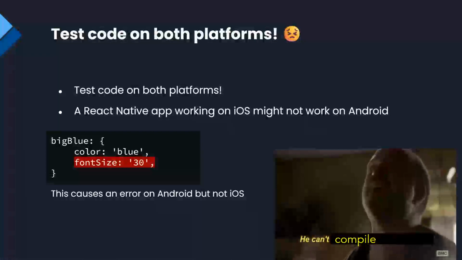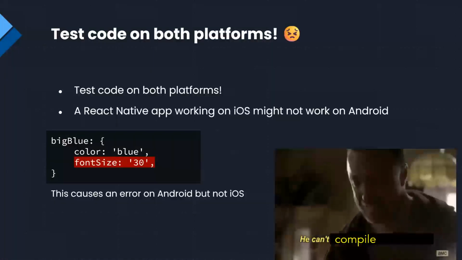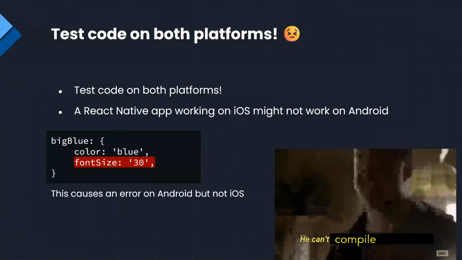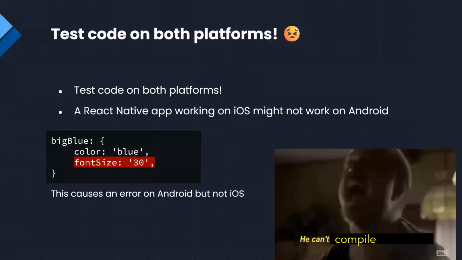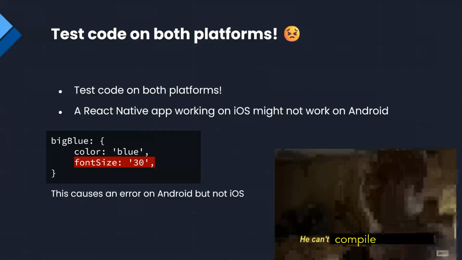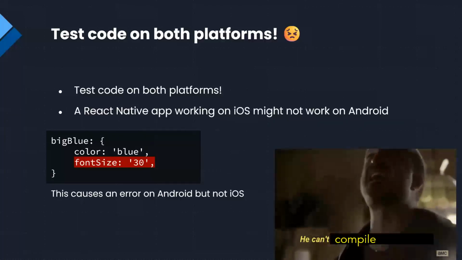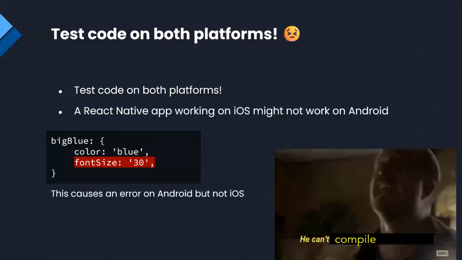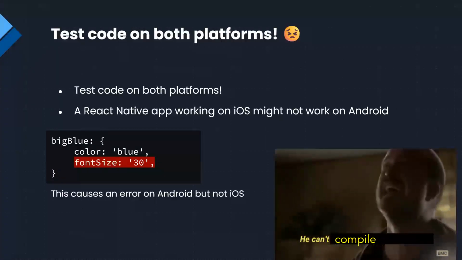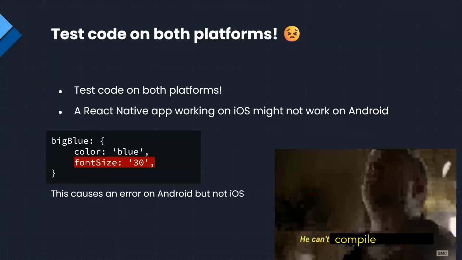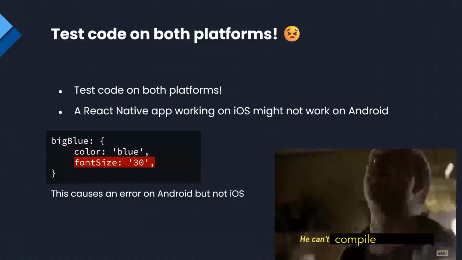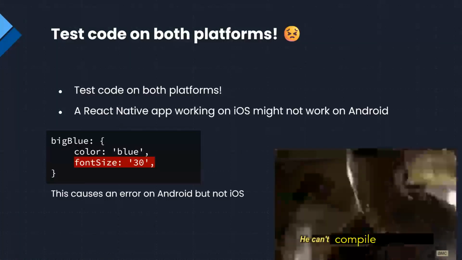Oh yeah, and I guess one thing to consider is that even though React Native is technically cross-platform, you can't have 100% confidence that code that works on iOS will compile on Android or vice versa. Like I remember I joined a React Native project and all of the developers were using iOS to test. And I was the only person who owned an Android and the app wouldn't even compile.